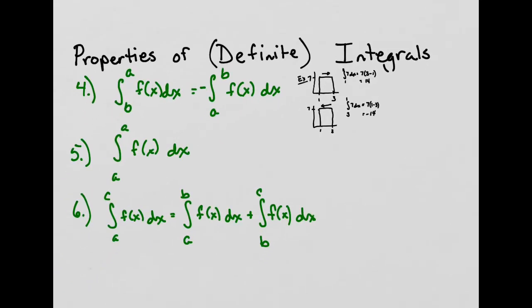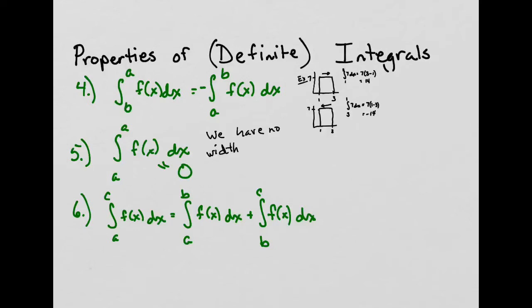If we're looking at this one, we have the integral of f of x dx, but we're starting at a and we're ending at a, which means that we have no width. So this is equal to 0.